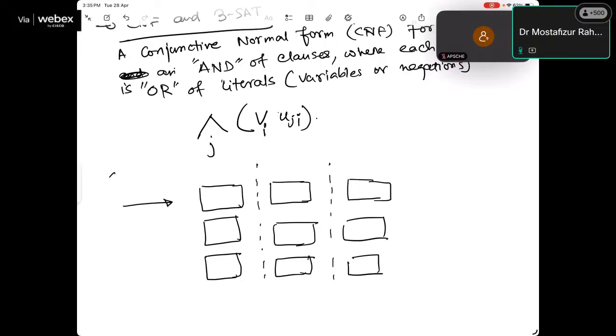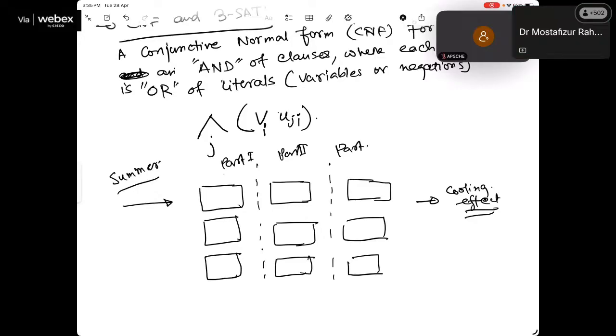For example, it is summer, and we have an air conditioner in our house. The overall purpose of the machine is to make a cooling effect, refrigeration. To make this cooling effect, there are certain combinations of blocks in the machine. Say this is the part 1 block, this is the part 2 block, and this is the part 3 block. At least one component of the first block has to work, one component of the second block has to work, and another component of the third block has to work. Then only can the overall functioning of the machine happen.